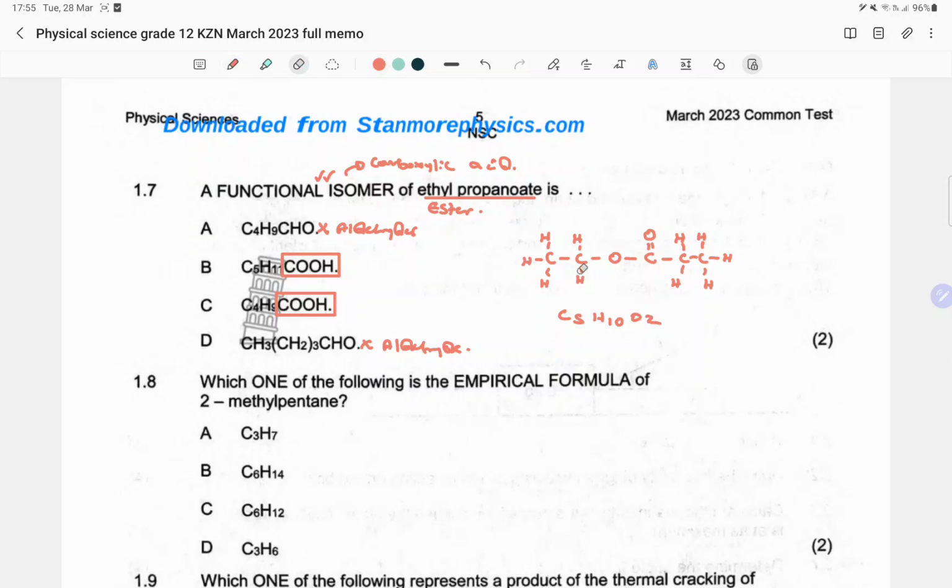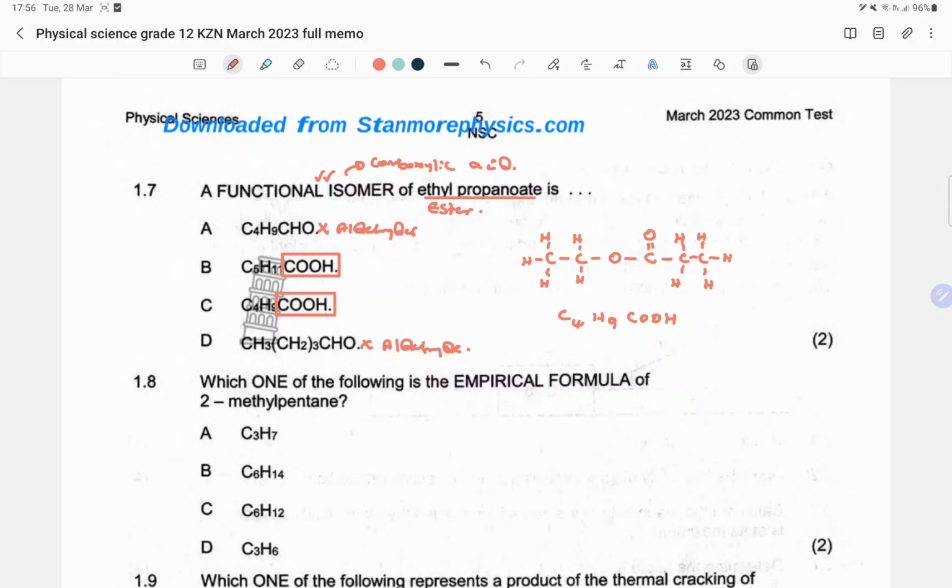So if we sort it out, now this is going to be C4. It's no longer going to be C5, because the other C goes there. Now this is no longer going to be H10. It's going to be H9 COOH, right? So that is what is happening, because the hydrogens are 10, the carbons were 5, so this is not going to be C5 still, it's going to be C4, sorry. Yes, C4H9.